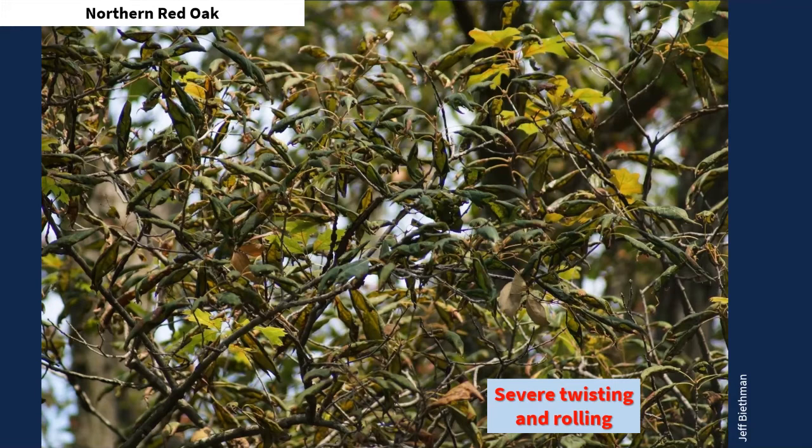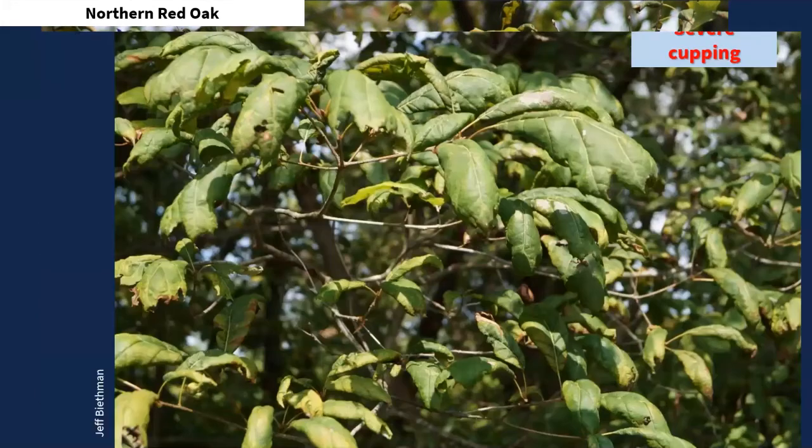So when I see something like this, I'll definitely take the leaves and unroll them and look at the bottom side of those leaves to see if you'll see any silk or any active insects in there. That's a real good way to look at that. Or if there's anything like jumping oak gall or some other feature on there that might be causing those leaves to roll. But herbicide exposure certainly can result in severe twisting and rolling like we see in this picture.